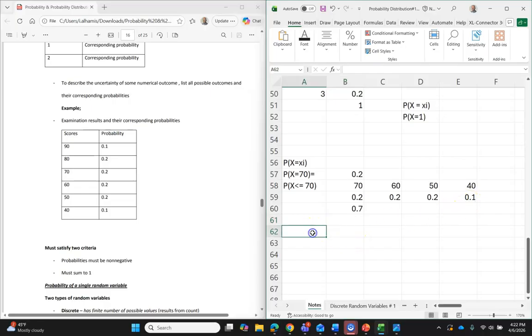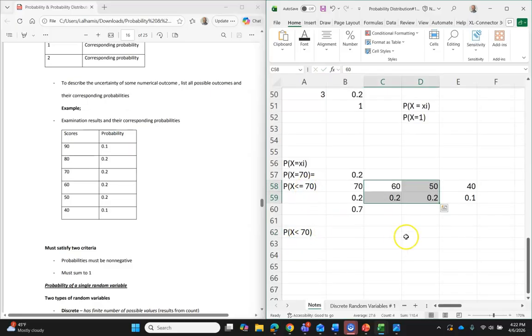Now, I'm going to show you something a little different. What is the probability of x such that x is less than 70? You can see 70 is excluded. So in this case, we take the probability of 60, which is 0.2, and then 50, which is 0.2, and this one is 0.1.